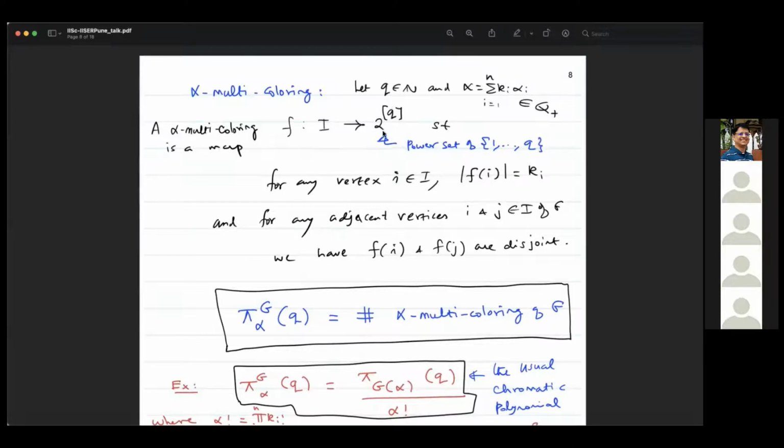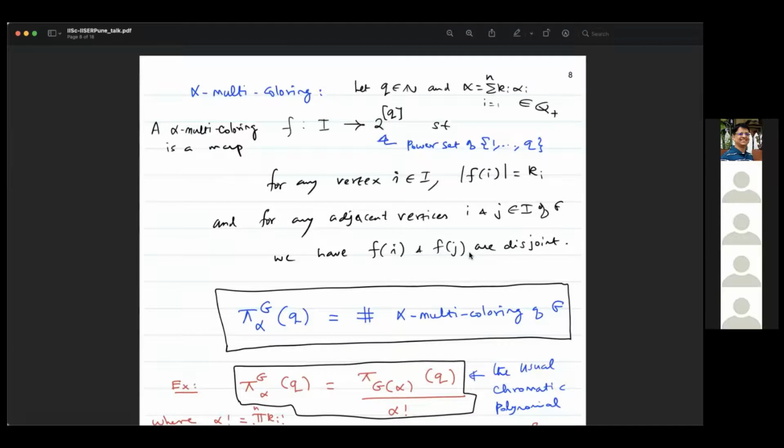So you take 2 to the power q, that is, the power set of 1 to q. Each vertex i should receive k_i colors, because this k_i is already given. And if you take any two adjacent vertices, they should receive completely disjoint colors. Those are all the properties.